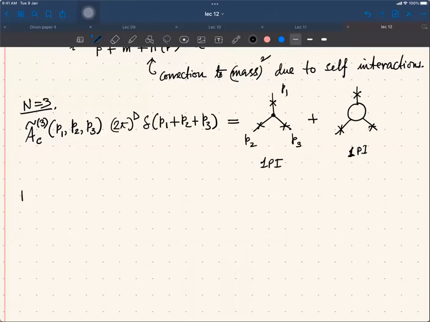But then if you draw this diagram, then this is not 1 pi.